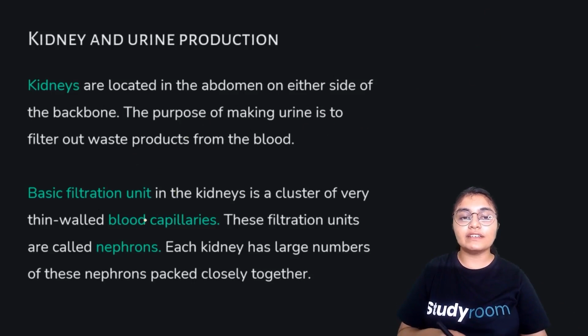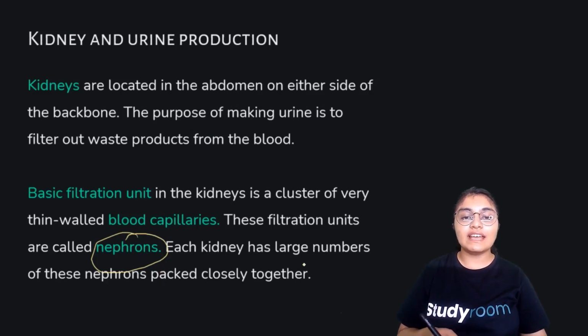The basic filtration unit in the kidneys is a cluster of very thin-walled blood capillaries, and these filtration units are called nephrons. So if somebody asks you what the basic unit of filtration in the kidneys is, you will have to answer that they are called nephrons.